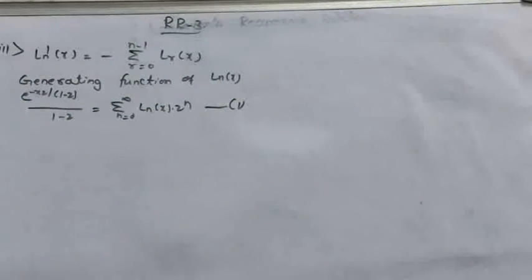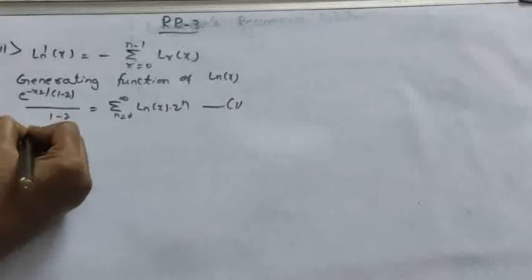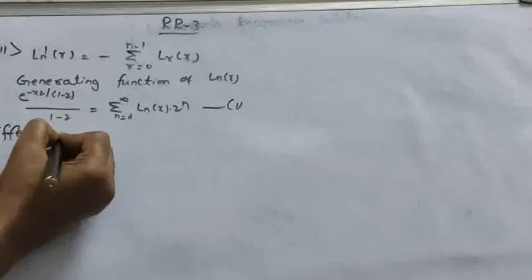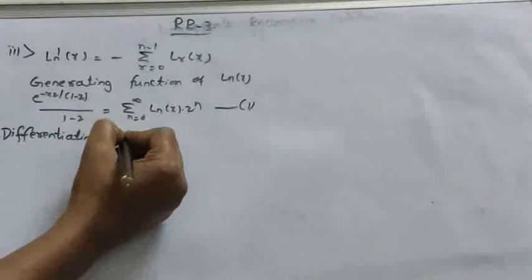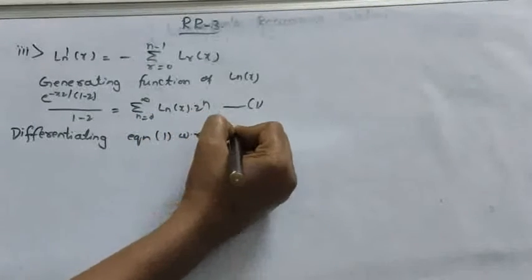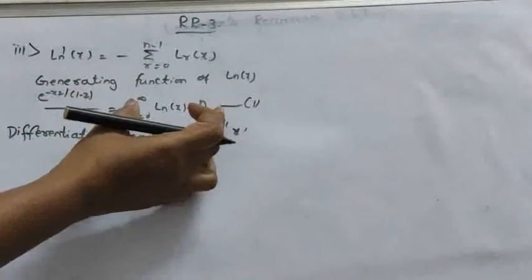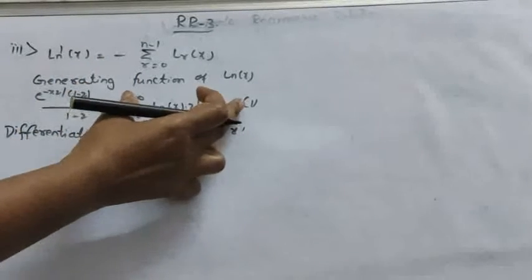So we are going to differentiate equation 1 with respect to x. So what you will get now? As I have said that we are going to consider RHS as LHS.